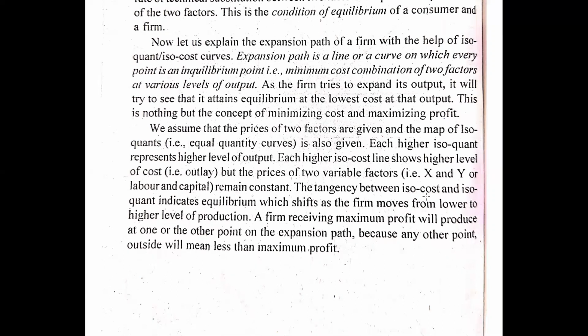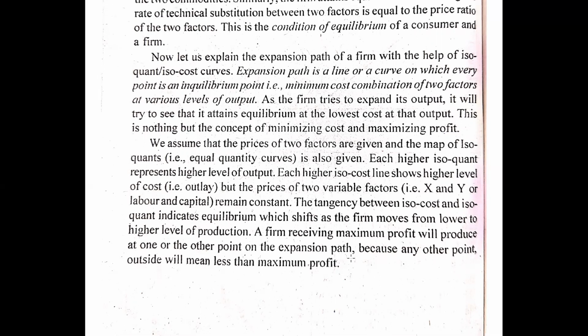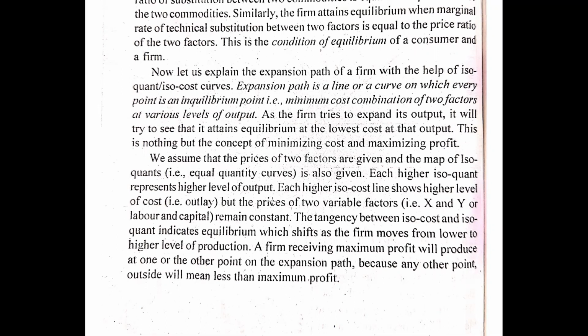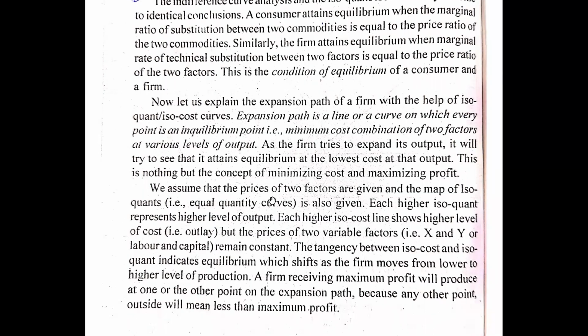The tangency between isocost and isoquant indicates equilibrium, which shifts as the firm moves from a lower to a higher level of production. A firm receiving maximum profit will produce at one or other point on the expansion path, because any other point outside will mean less than maximum profit. So guys, you need to understand how the isoquant and the isocost line give the equilibrium to the firm.